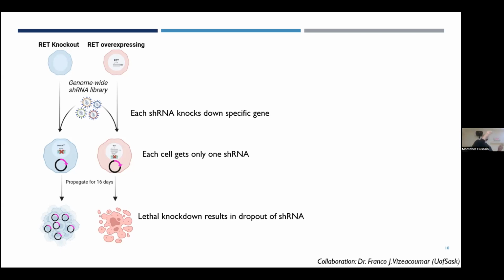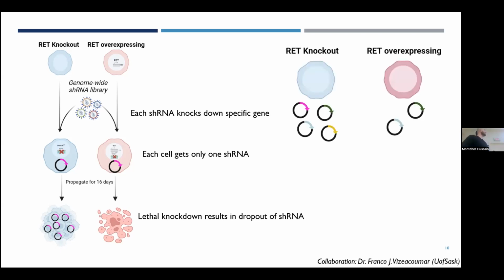So it's basically a dropout screen, where you're looking for a dropout of specific shRNAs that led to lethal knockdowns in your condition. What we were looking for specifically are shRNA dropouts that occurred only in our RET overexpressing cells. These would be indicative of genes that were essential for RET-mediated survival and proliferation of these cells.